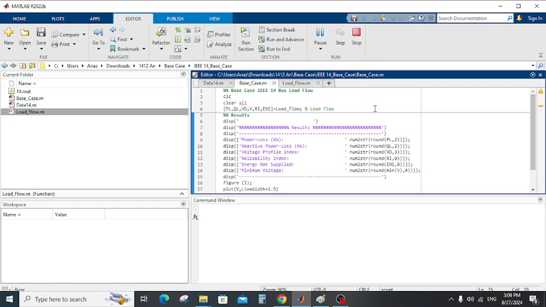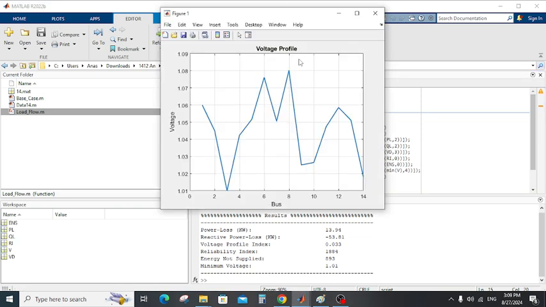As you see here, we get the run, and it is the voltage profile for the IEEE. But as you see here, it is a high voltage profile, higher than 1. The better voltage profile is near 1 per unit.